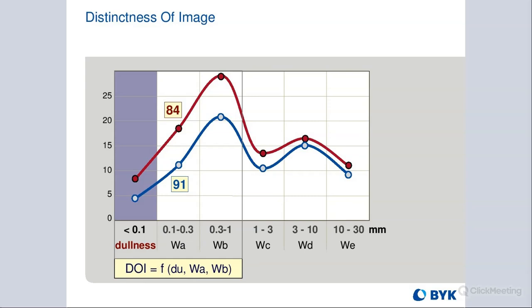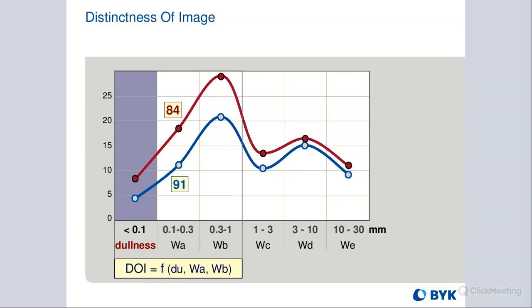So here's the calculation for the DOI. It's a function of the dullness, the WA and the WB. And on these two graphs, you can see the lower the number for the dullness through WE value gives you a better DOI value. So lower dullness, WA, WB, higher DOI.